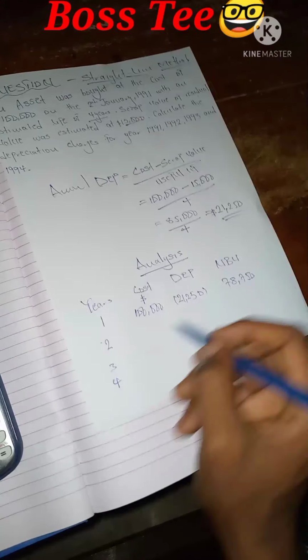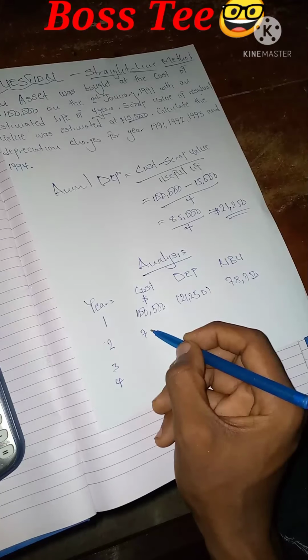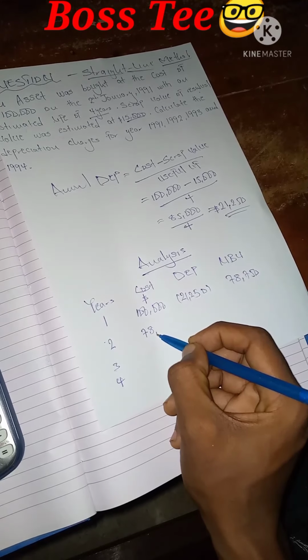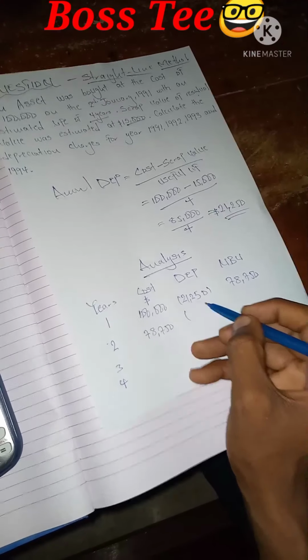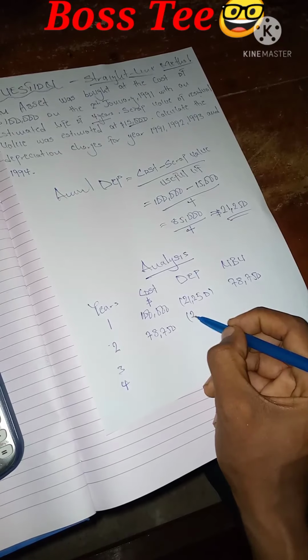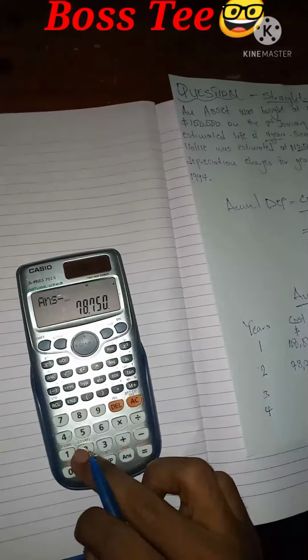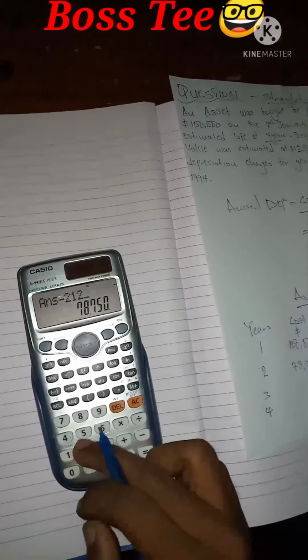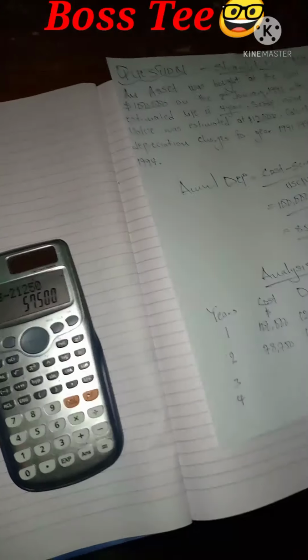Now, if we are charging it for the next accounting period, what are we going to do? We take the net book value, which is 78,750, less the same depreciation. That is why it's called a straight line. The same depreciation, and it's going to give us 57,500.